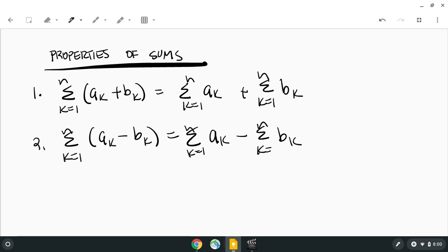And this one's kind of nice. Of the 3, this one's probably my favorite. This one's a nice one to know.